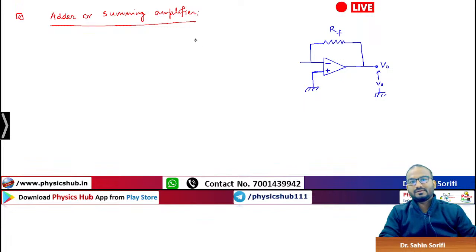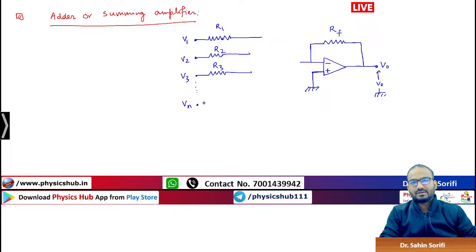Okay, let's say you have various potentials, voltage sources V1, V2, V3, let's say n number of voltages you have, and they are connected by some input resistance like this, R1, R2, R3, so on. Let's say this is Rn.